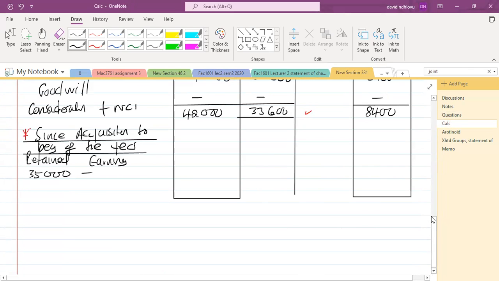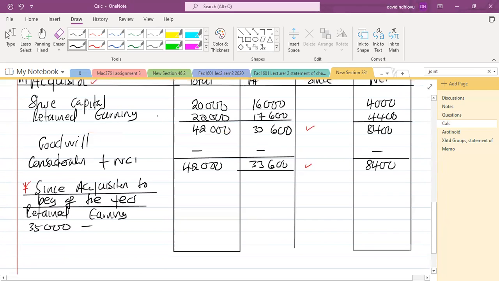But this is not the retained earnings figure on the day of acquisition, which is 22,000. The retained earnings figure has since increased. We have been making profits, and we've made an additional 13,000 in profits here. We then share that 80% to 20%. But remember, this is no longer at acquisition, it's since acquisition. So it goes to the column that says since.